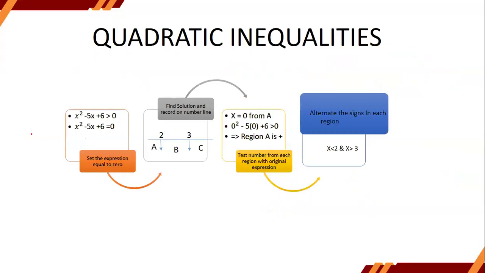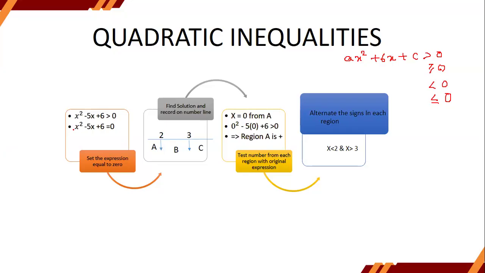All right, now with this, let's move on to quadratic inequalities. The general form of quadratic inequalities is ax square plus bx plus c is either greater than 0 or greater than or equal to 0, or it can be less than 0 or less than or equal to 0. Now, let's try to understand how to solve quadratic inequalities.